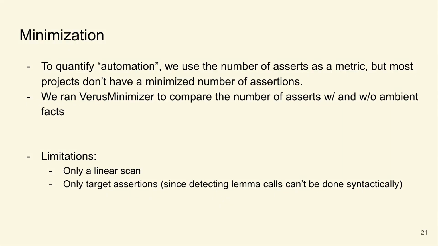So what we do is we have a syntactic tool to minimize the number of asserts in a project. This is, of course, not the real minimum. We are not doing a combinatorial thing. We're just doing a linear scan: look at an assert, remove it, see if the project still verifies. If it still verifies, then keep it removed. And another limitation is we're only targeting assertions, so we're not targeting lemma calls, for complexity reasons.